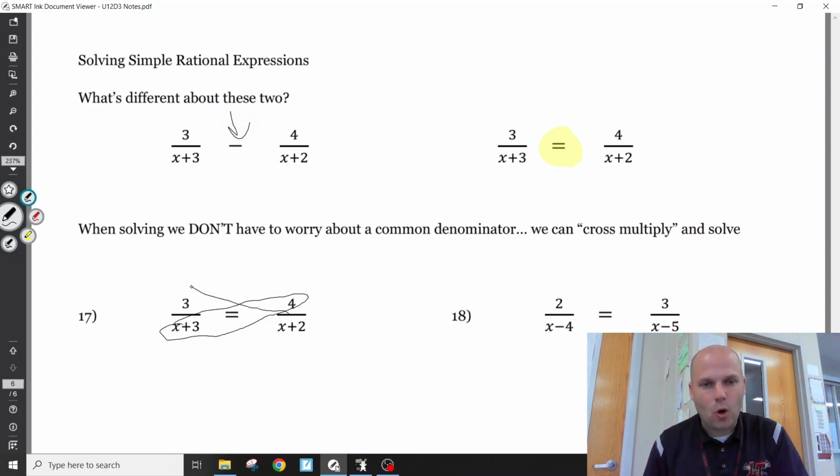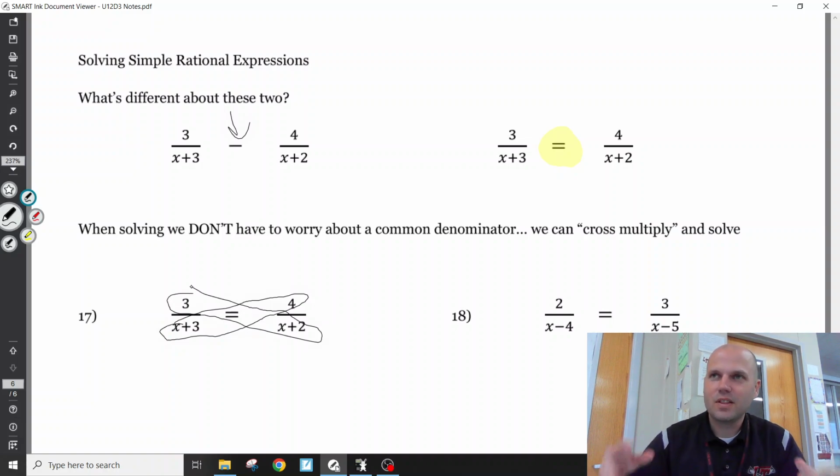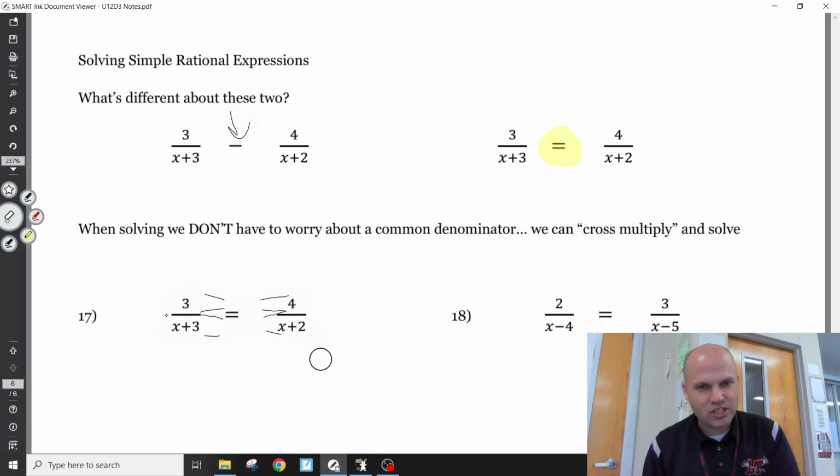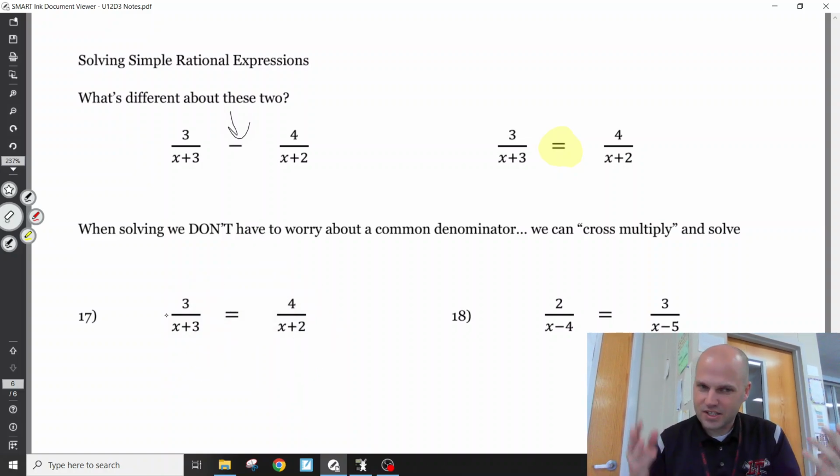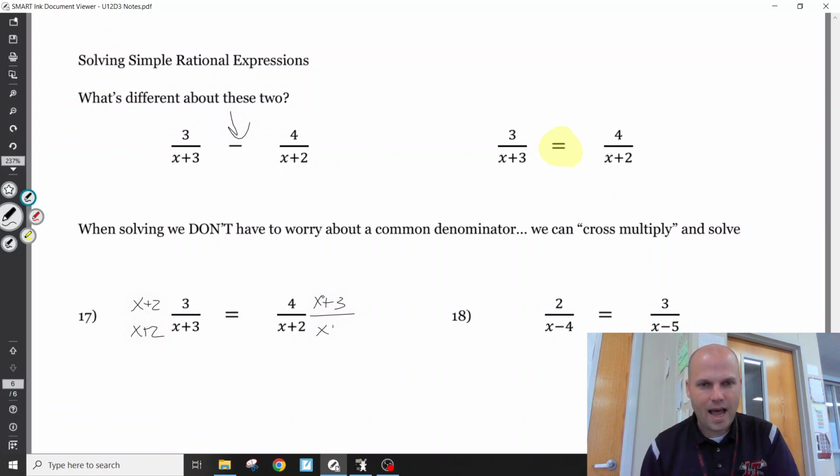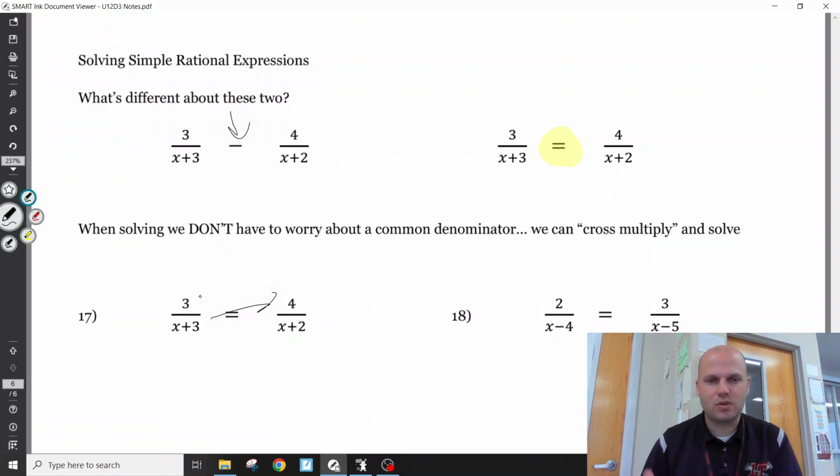Yeah, this was the only time that we were allowed to cross multiply. Since it's an equation, it has to stay balanced. Instead of creating a common denominator, you multiply this side by the x plus 3 and this side by the x plus 2.